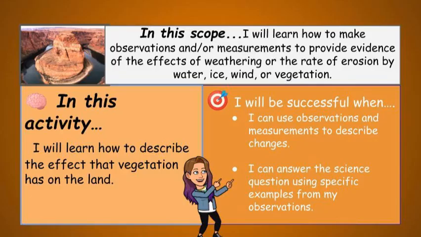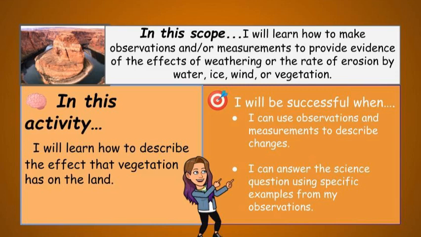We know that in this scope, we are learning how to make observations and or measurements to provide evidence of the effects of weathering or the rate of erosion by water, ice, wind, or vegetation. We know as scientists it's not just okay to say it happens. We have to prove it. We have to prove it with the observations we make with our eyes and our other senses, as well as the measurements we make.